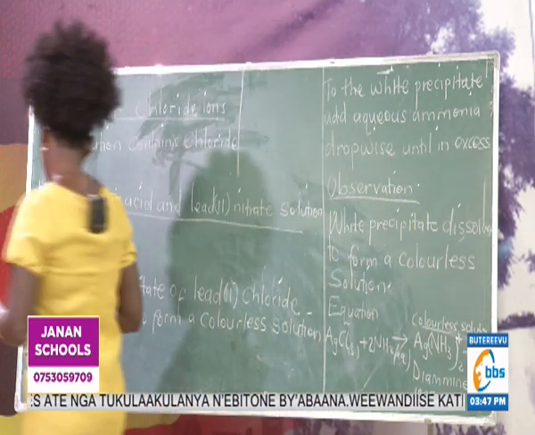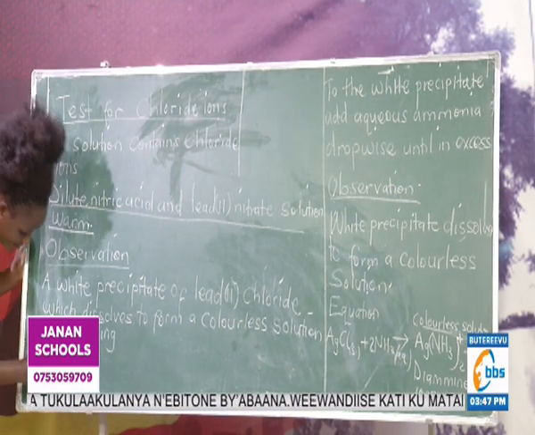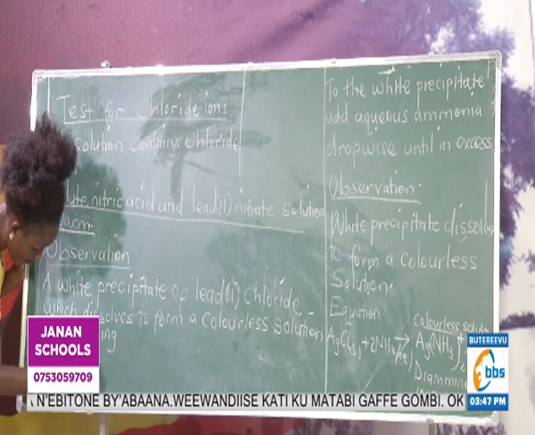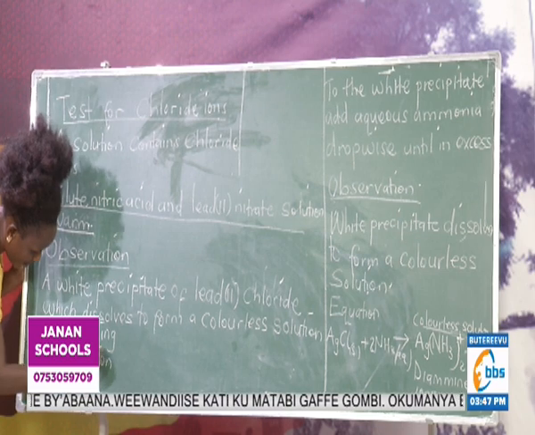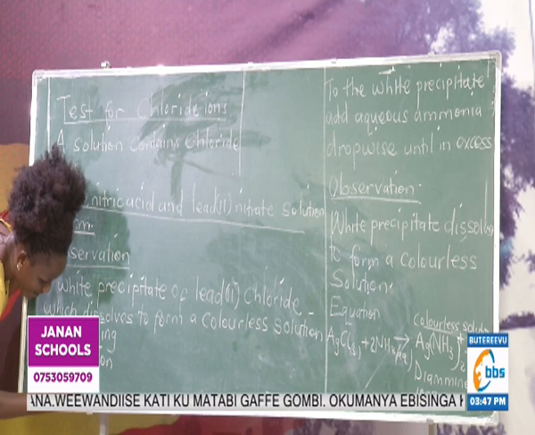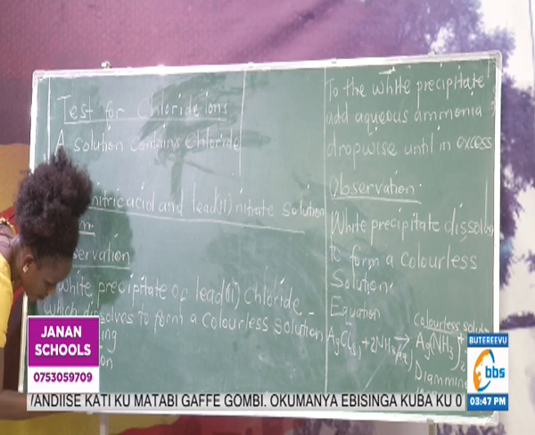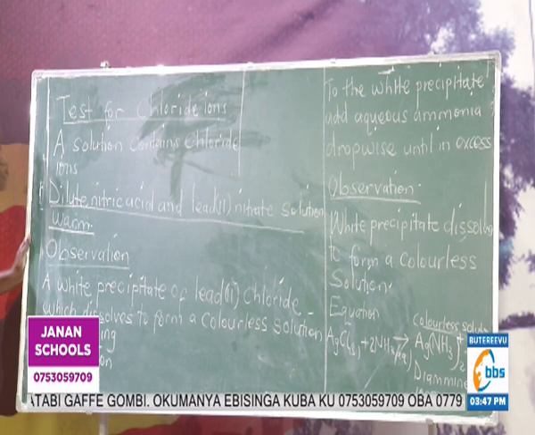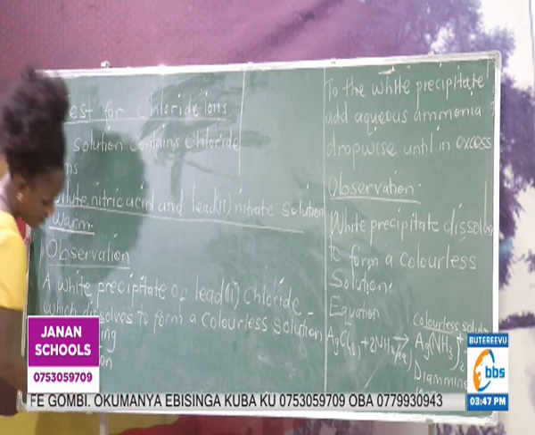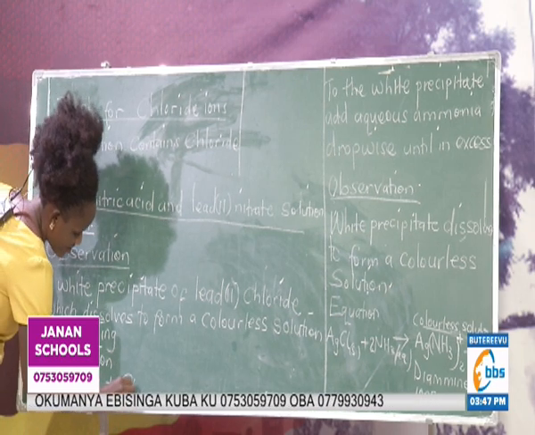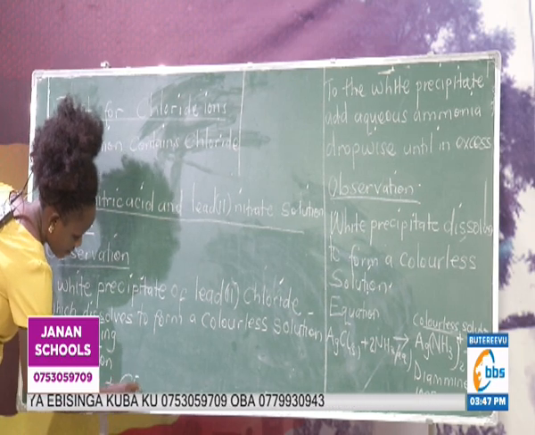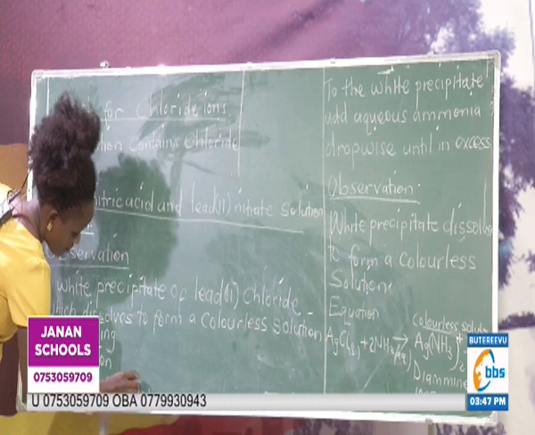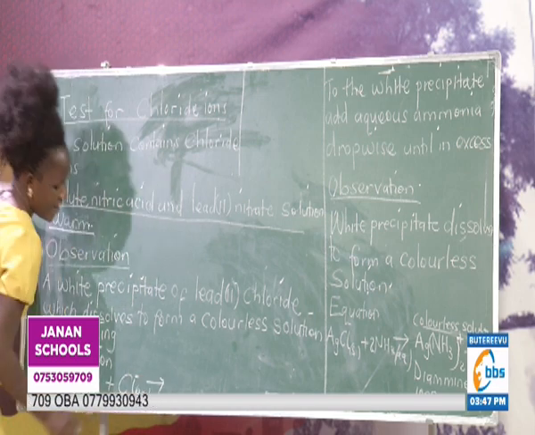Therefore, our equation, we shall have our lead 2 ions from lead 2 nitrate plus our chloride ions in solution giving us what?